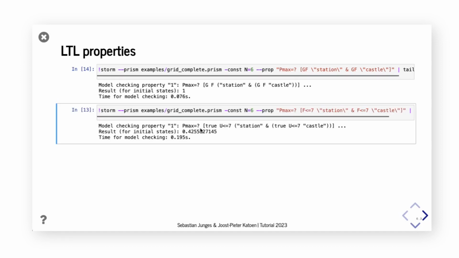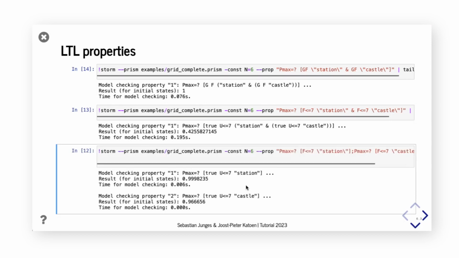Here's a different question. For example, we can ask, is it possible that we reach the station within 7 steps and that we reach the castle within 7 steps? The answer is, well, that's only possible with some policy. The optimal policy for this does this with probability 42%.